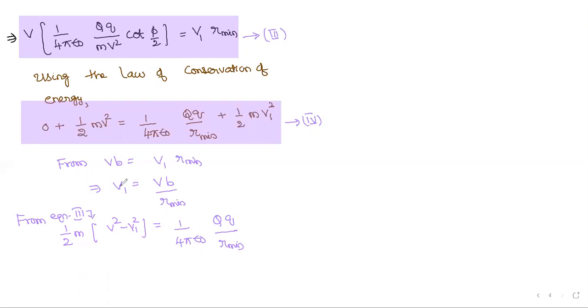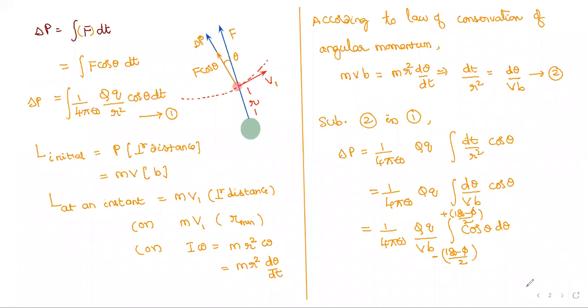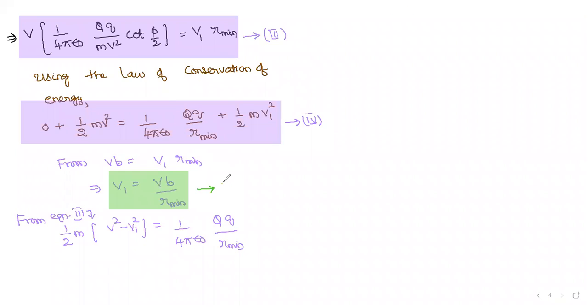Okay, this is what I wrote here. And then from this equation, if you highlight this box, v1 is equal to vb. Take it as like some small equation. These are like 1, 2, 2 equations we took there. Take it as equation 3.